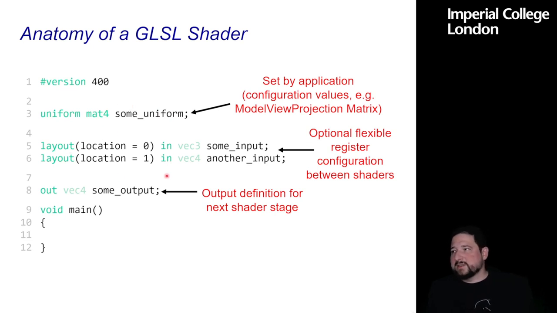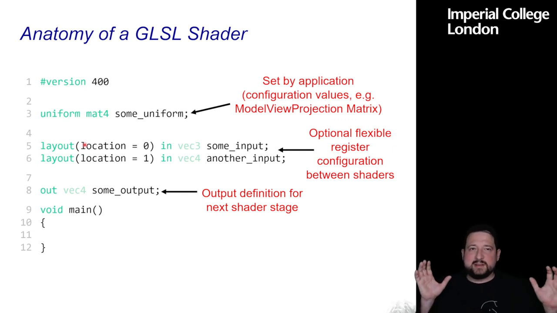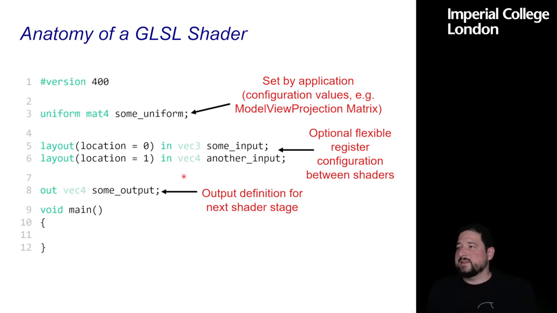You can do things like these layout qualifiers. They are very optional, but if you want to optimize things, they tell you where in the memory buffers in between the stages of your graphics pipeline you expect this variable to be found. So you can do something like a vec3 here. So this is really for OpenGL 4. If you do that in ShaderLab Web, it will probably throw an error. And here I can already define what sort of output will come out.